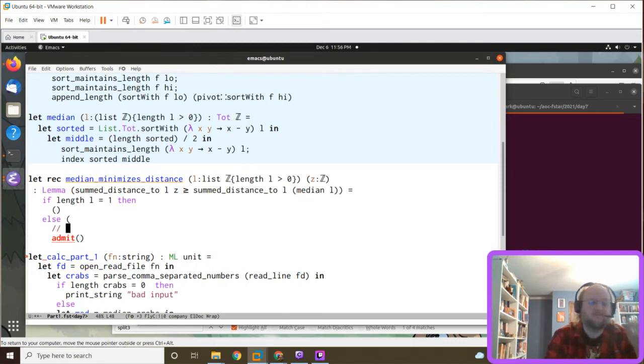I was thinking, can we show there's a cost function associated with moving away from the median? And the cost function is everything to the left of the median gets cheaper. Sorry, if we move left, everything to the left of the median gets cheaper and everything to the right of the median gets more expensive.